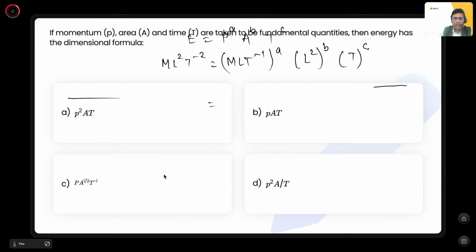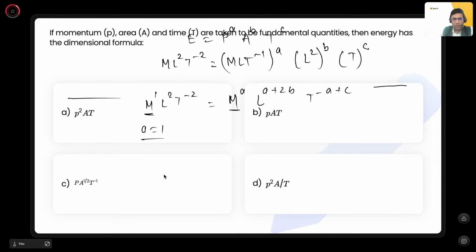Now let's collect the powers first on the RHS. So M has power A, L has power A from here and 2B from here, and it is absent here. Similarly, T has a power minus A from here and C from here. And here we have M^1, L^2, T^-2. So we can see directly that A will be equal to 1.